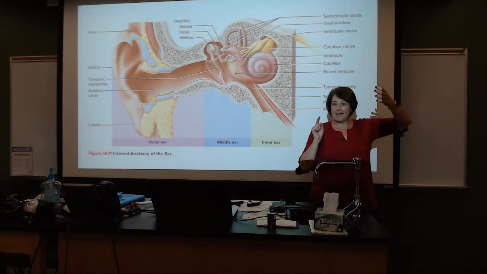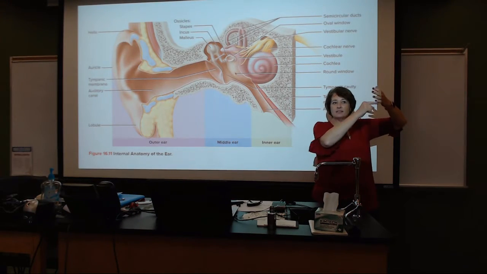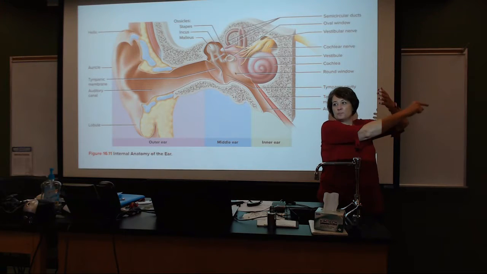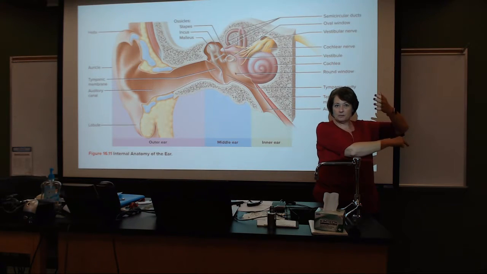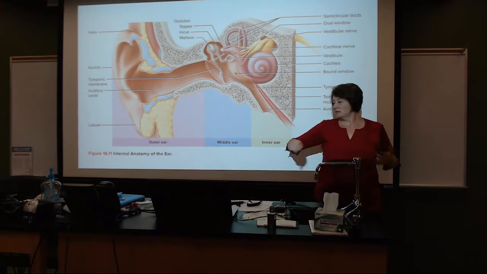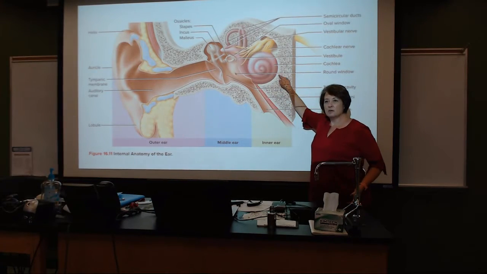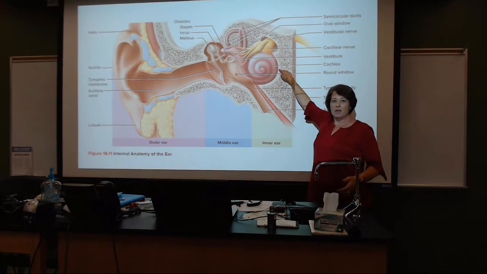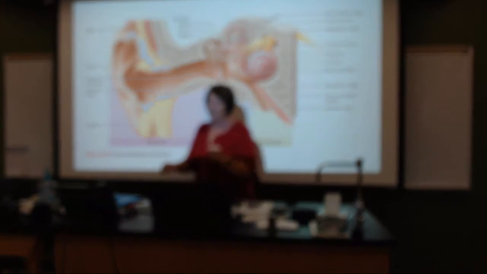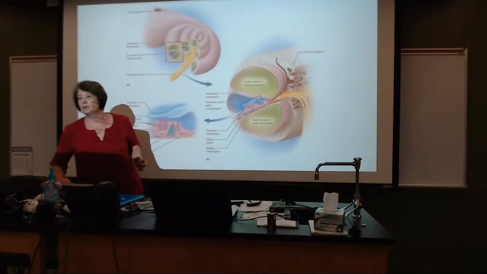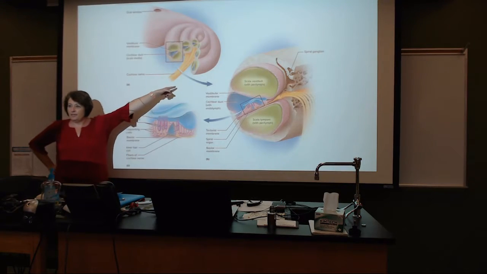Vibrate it, and that's going to make waves. Is everybody with me? So I'm making waves on the outer side of it. What do you think that's doing to the middle of it? Vibrating it.